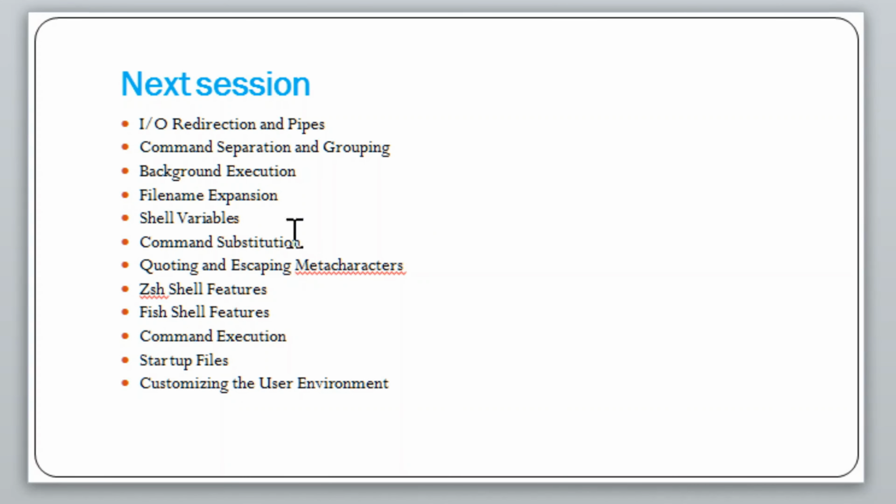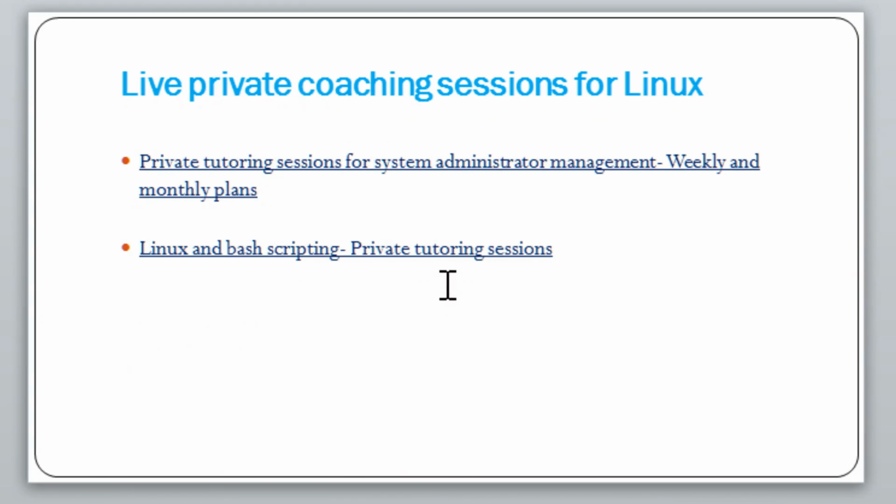Next session, we're going to be doing I/O, which is input, output, redirection, and pipes, command separation and grouping, background execution, file name expansion, shell variables, command substitutions, quoting and escaping meta characters, Z-shell features, fish shell features, command execution, startup files, and customizing the user environment.